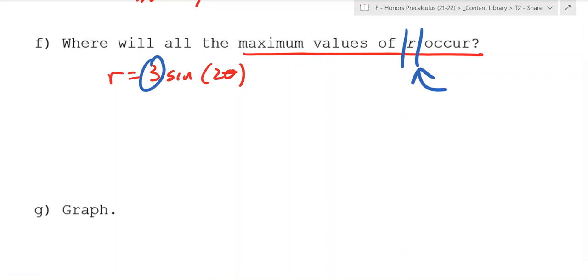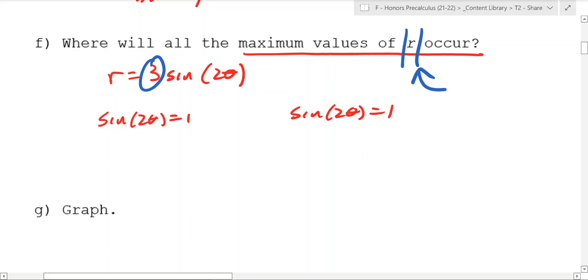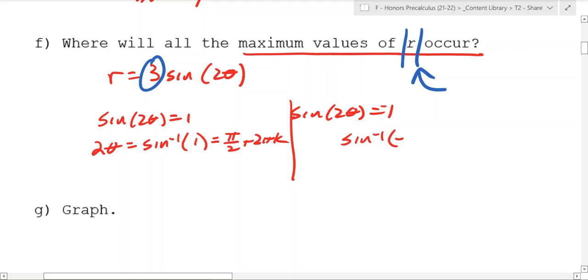Well, that's going to happen when sine of 2 theta is equal to 1 or sine of 2 theta is equal to -1. So when you do sine inverse here, you get 2 theta is equal to sine inverse of 1, and that happens at pi over 2 plus a rotation of 2 pi k. And this one is sine inverse of -1, which is 3 pi over 2 plus 2 pi k.